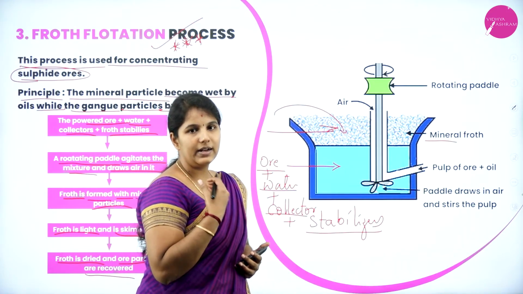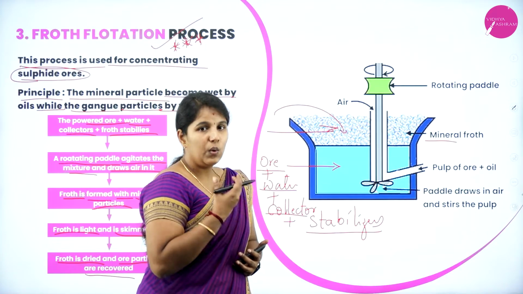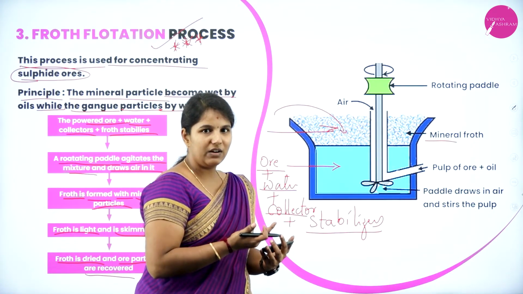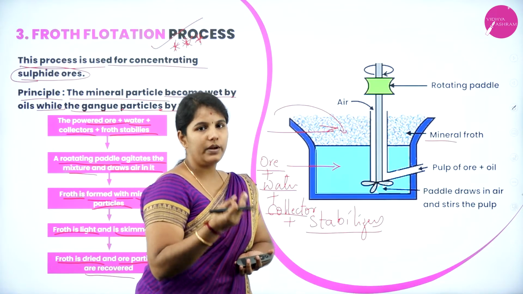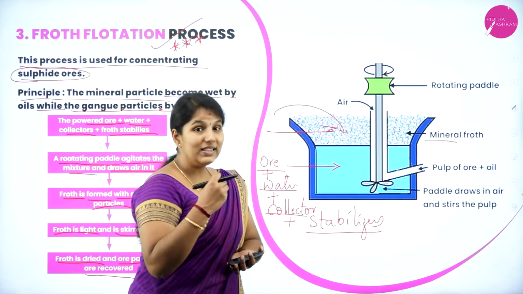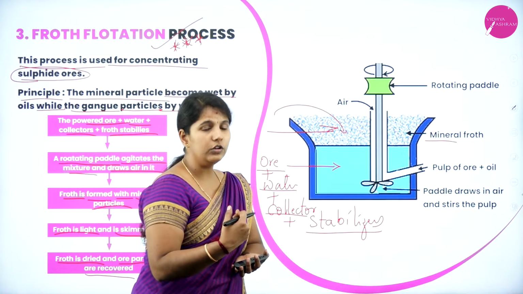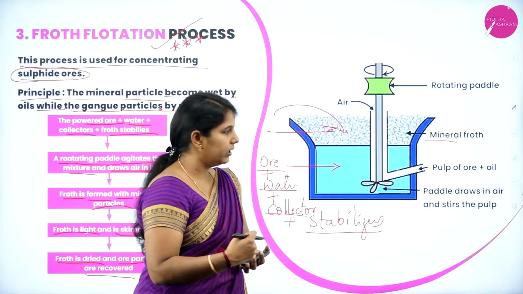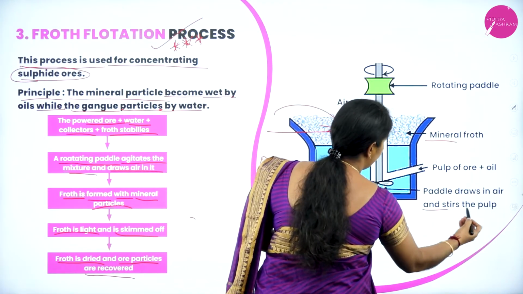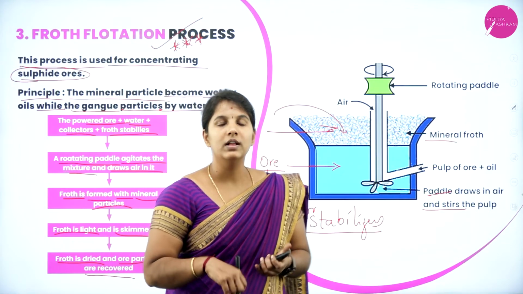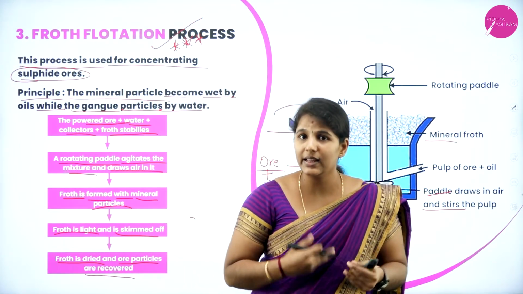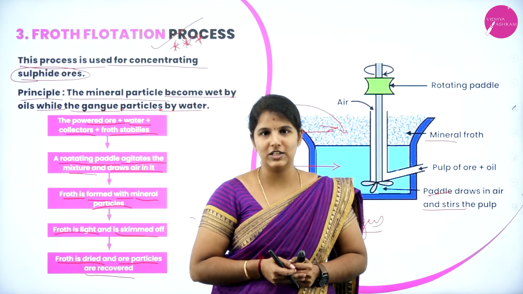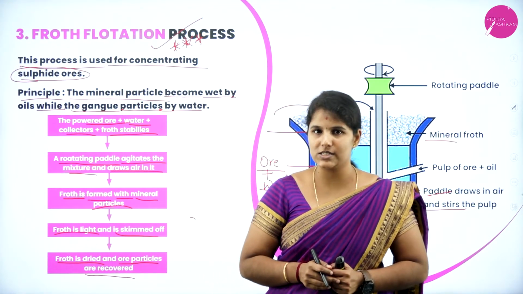Once this froth is skimmed off, it will be recovered and drained to obtain the mineral ore. The remaining impurities will be wetted by the water and collected later. This is how, in the form of froth, they are collecting the mineral ore. Hence, it is known as the froth flotation process.